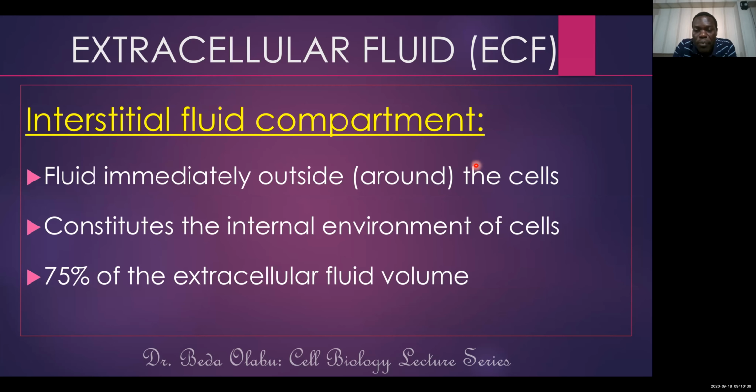The next step is to calculate how much water is extracellular in this person, so you take 1/3 of their total body water. Then the last thing you do is to determine how much water is interstitial, so you take 3/4 of their extracellular fluid compartment. If you follow those 3 steps, you're going to get 13.5.